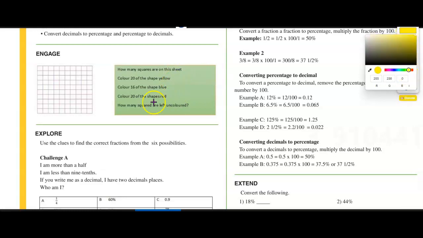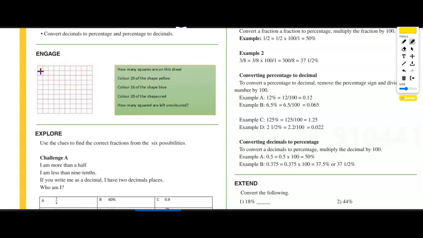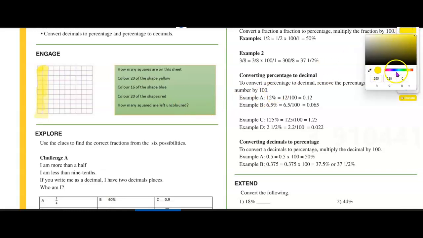Yellow, see if we can get yellow. How many yellow? 20. We could go with 20 here, all of this section here. So 20. Not neat, but that would be 20. 16 blue. Let's see if we can get some form of blue here. So 16 blue. So if this is 20, we need to take out 4.